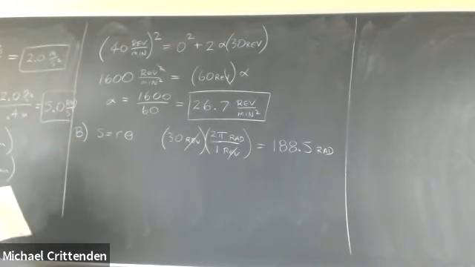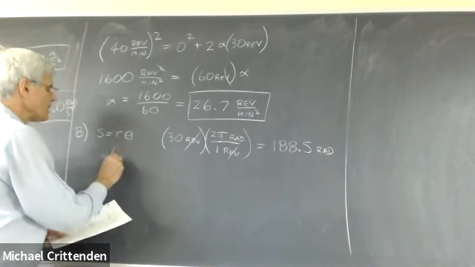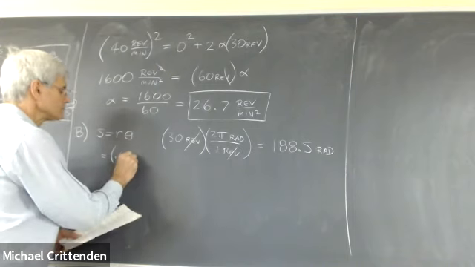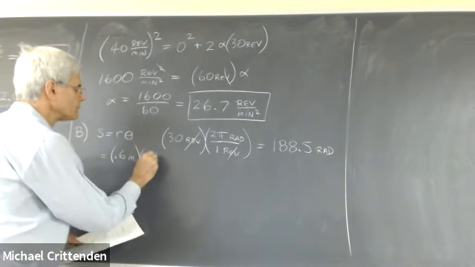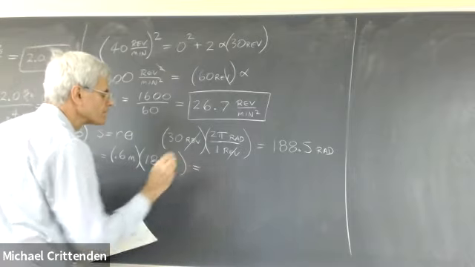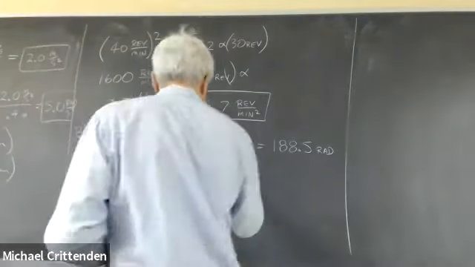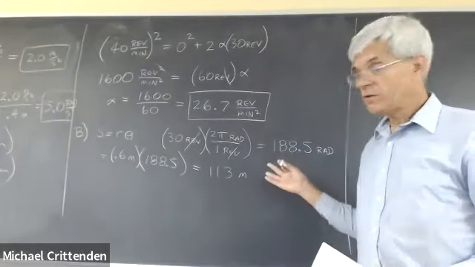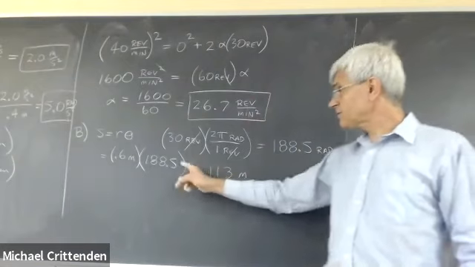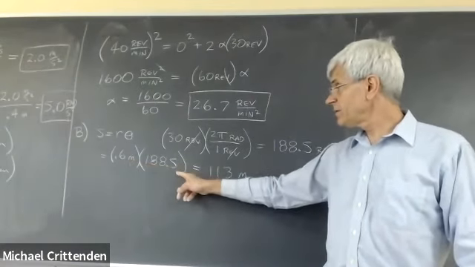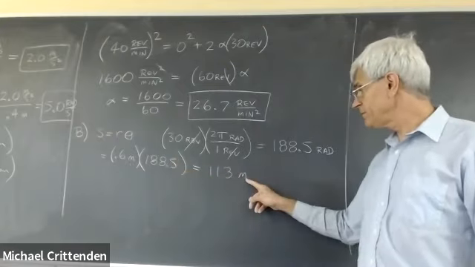S equals R theta, where theta is in radians. So 0.6 of a meter times that. Once again, an angle in radians is actually just a dimensionless number. Meters times a number with no unit on it gives you meters.